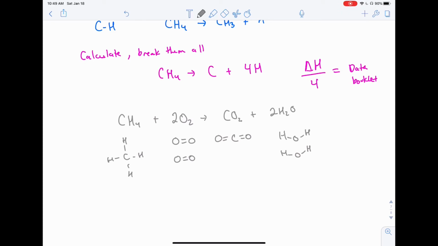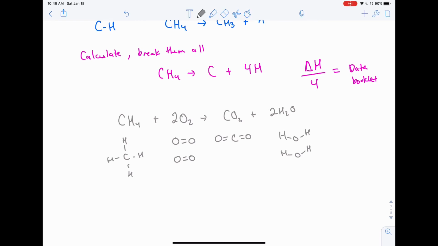They look at CO2 and they go, I need to look up a C double bond O, which is true, but guess what they forget? There's 2 of them. And then they do water, and they be like, oh, water's OH bond. There's 2 waters, so it's just 2 times OH. No, it's 4. So drawing these out helps minimize your mistakes. That's why I tell you to do it, okay? Too many of y'all will make that mistake if you don't do this, okay?